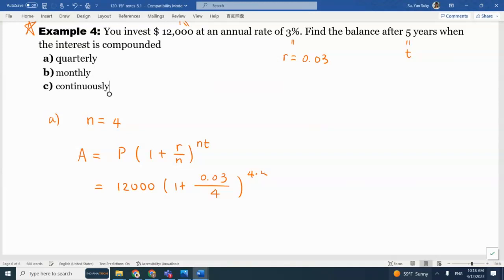What's t? 5. Okay, everybody, put this in your calculator.